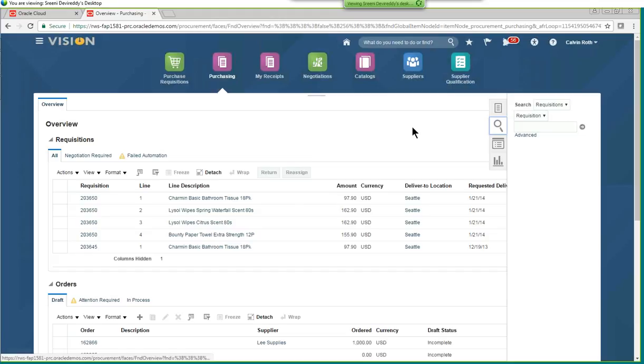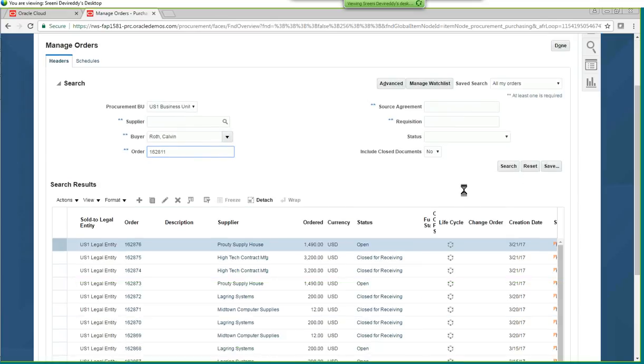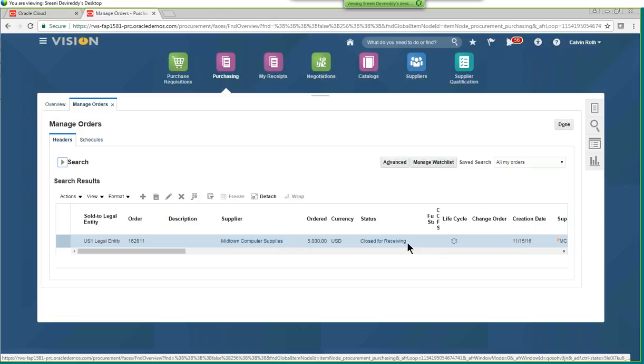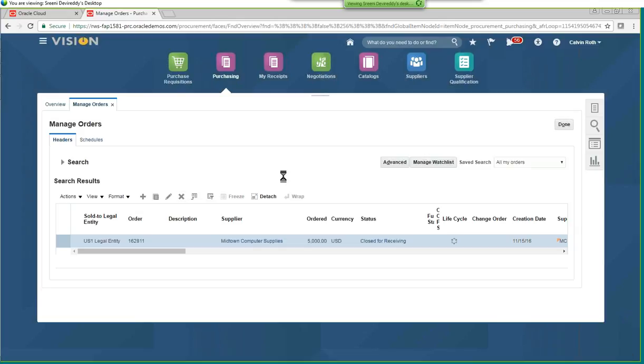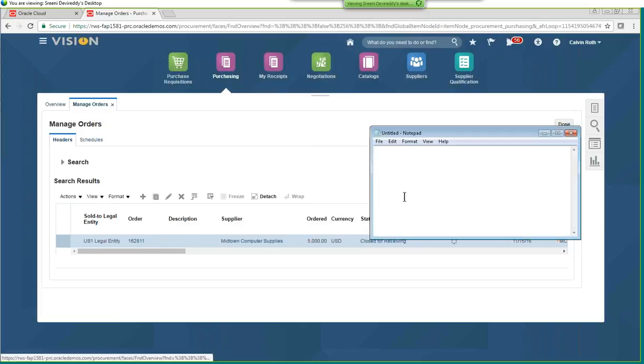I have taken down the number of the purchase order, 162811. This was a long closed old one, so I'm going to make a copy of it, duplicate it, and take down the new purchase order number as soon as it's done.